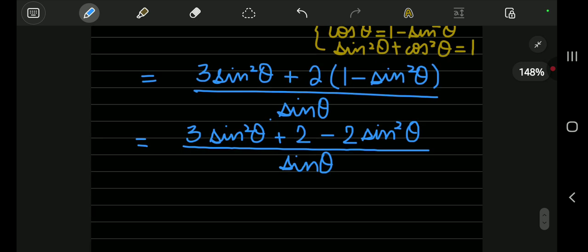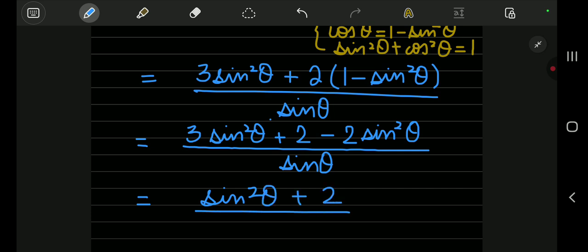So what do we do? 3 sine square theta minus 2 sine square theta. Sorry, I'm not cancelling them, just taking them into consideration. The 3 minus 2 will be 1 sine square theta. So it will be sine square theta plus 2 over sine theta.